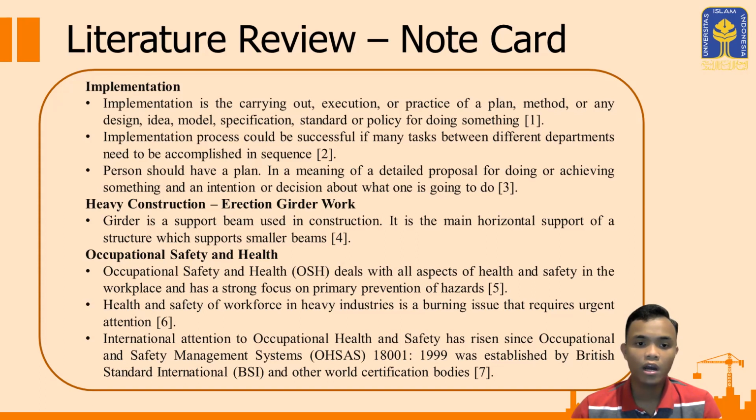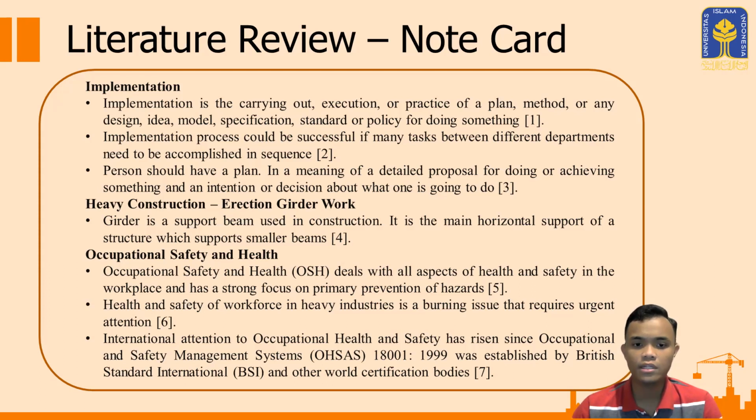And then the note card for occupational safety and health. Here, we can know that occupational safety and health deals with all aspects of health and safety in the workplace and has a strong focus on primary prevention of hazards, refers to reference number five. And then the health and safety of the workforce in heavy industry is a burning issue that requires urgent attention, refers to reference number six.